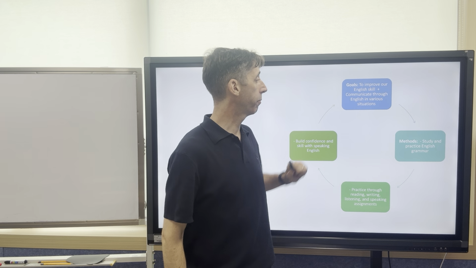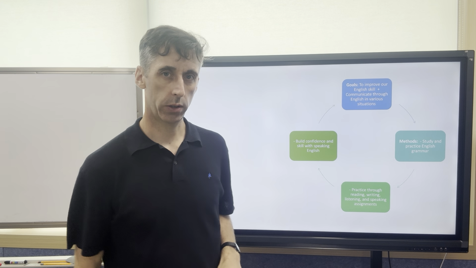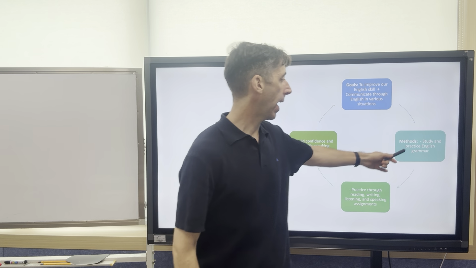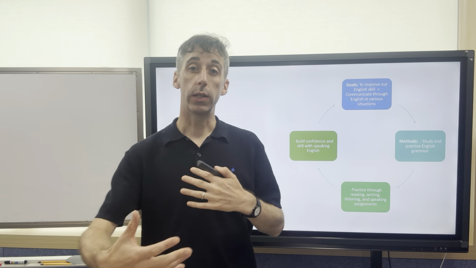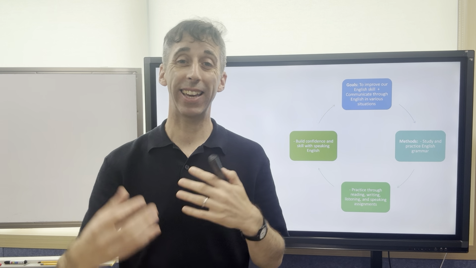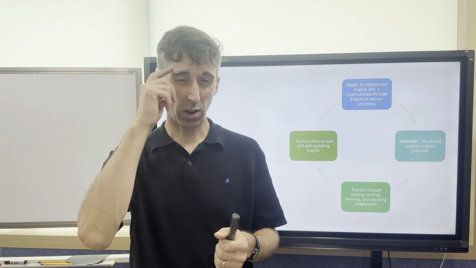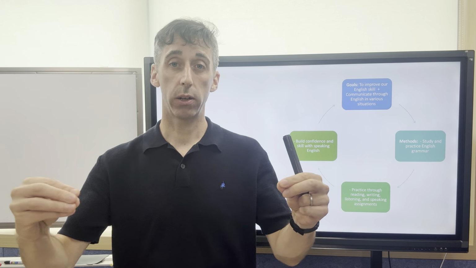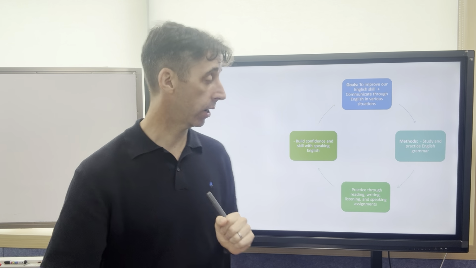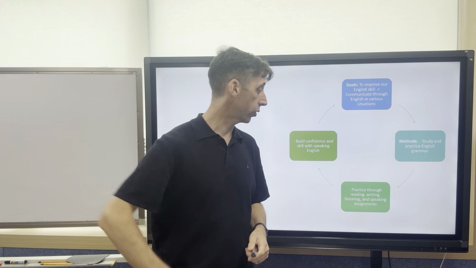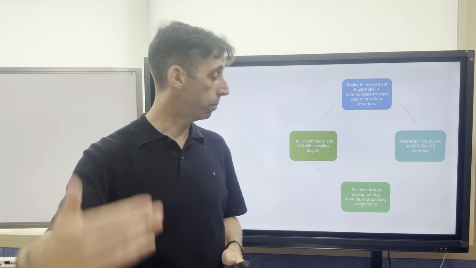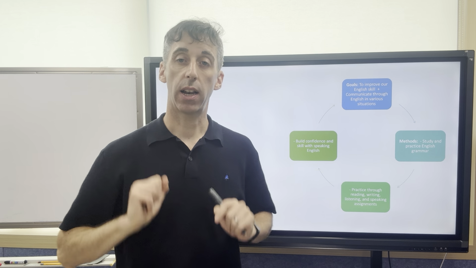So you want to improve your skills and confidence with communication. How? The method is to study and practice English grammar. That's one part. So we will write a little bit, understanding grammar and using sentences, vocabulary, and also practice through listening, speaking, and writing in class.